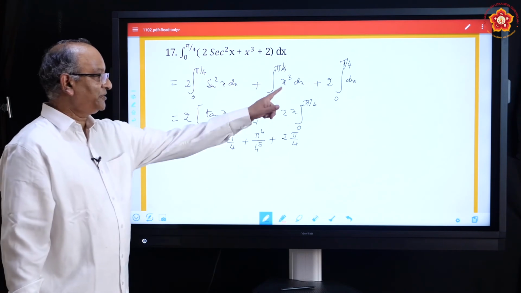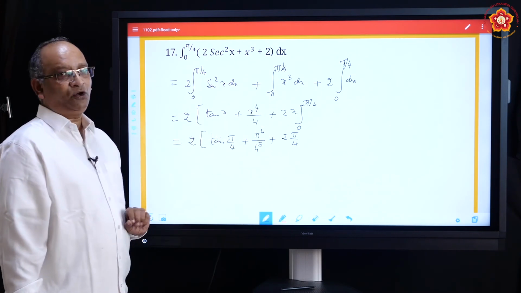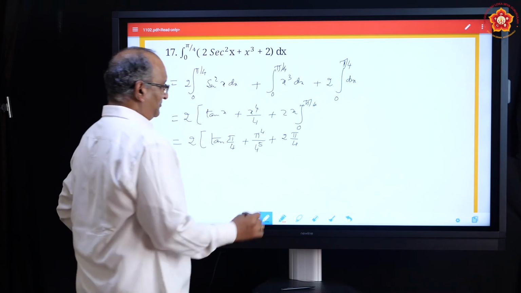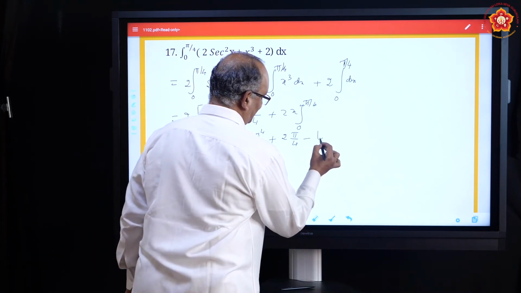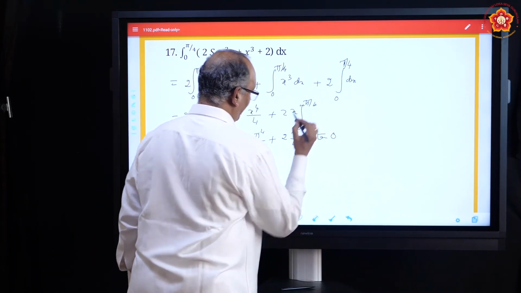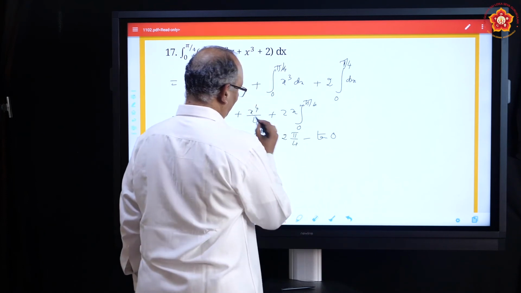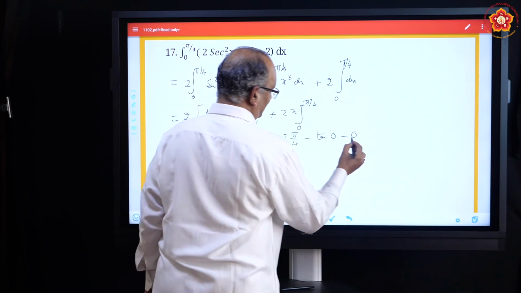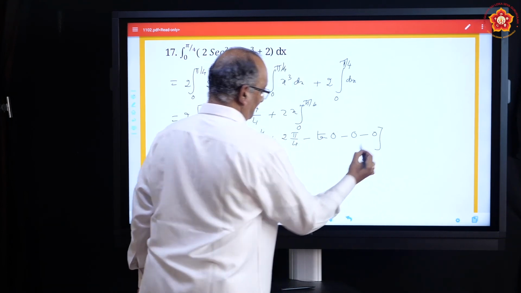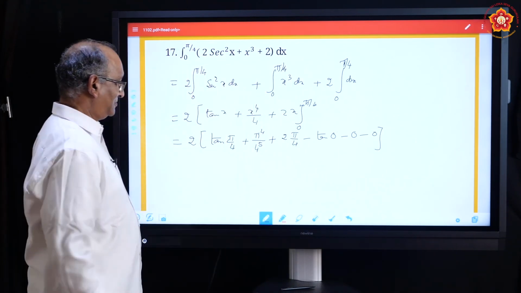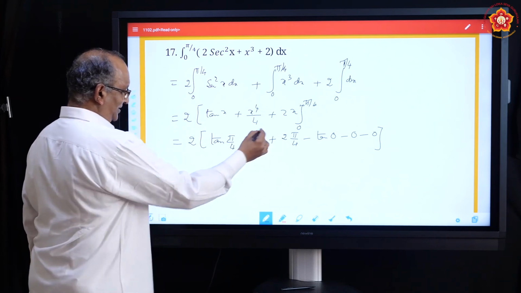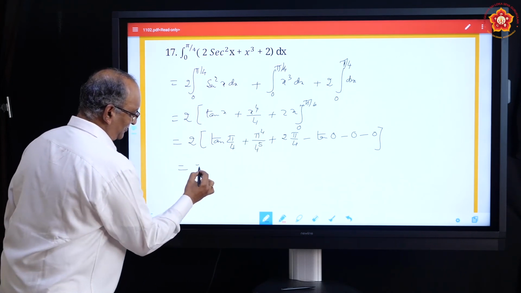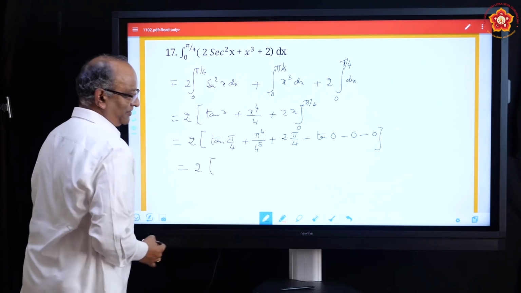Now we have substituted upper limit. Now you have to substitute lower limit. So, and remember with minus sign. So minus tan 0 plus it will become minus, anyway 0. And this is also 0. And tan 0 is also 0. So basically these are the three numbers which are left, which can be written as tan pi by 4.